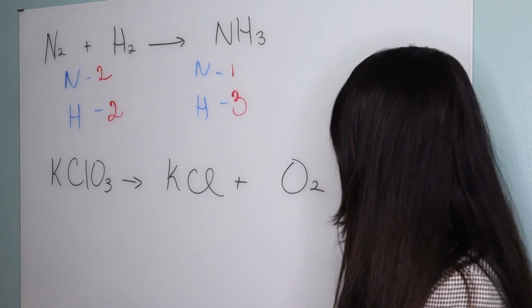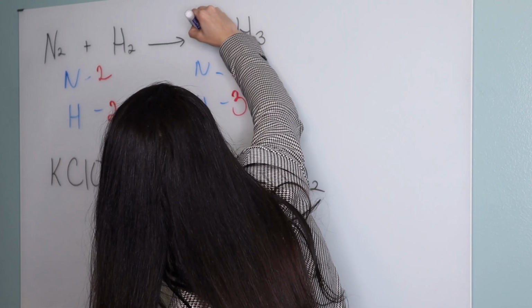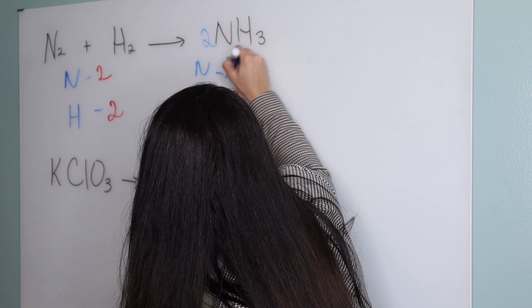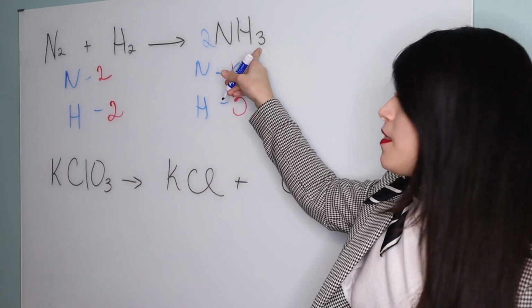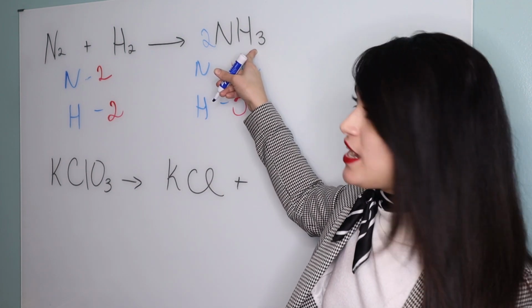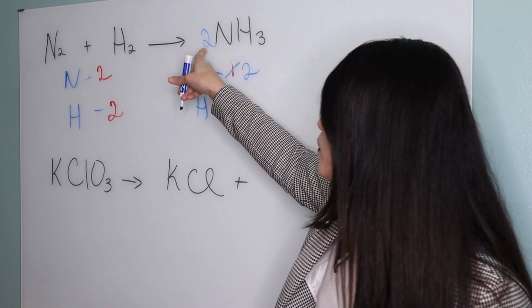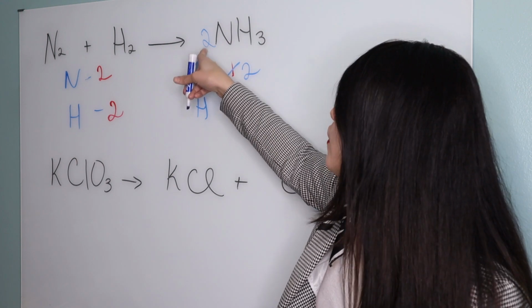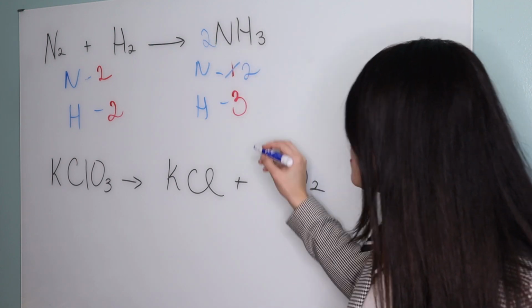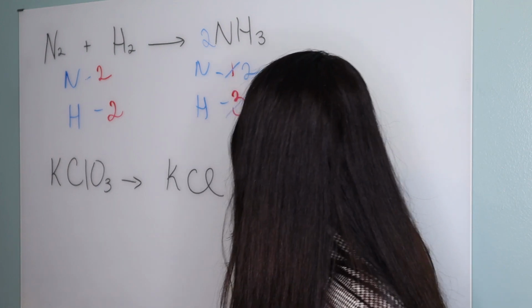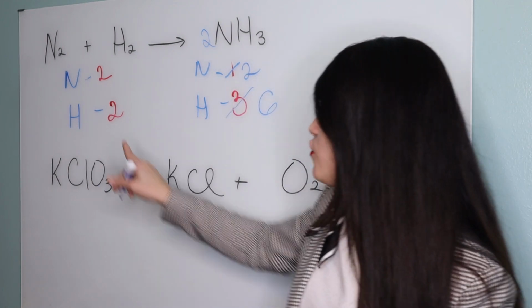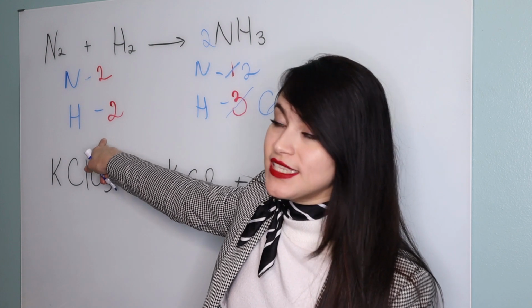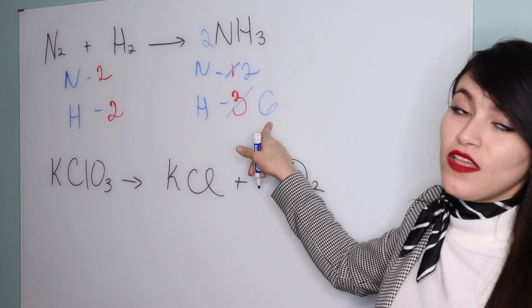The answer is 2, right? So I'm going to put 2 right here. Now this becomes 2, but this hydrogen is changed now, right? We have 3 initially, but by putting this coefficient here, we now have 2 times 3, which is going to equal 6.